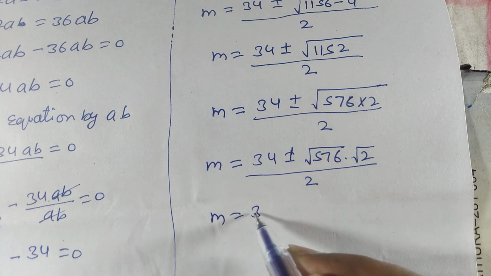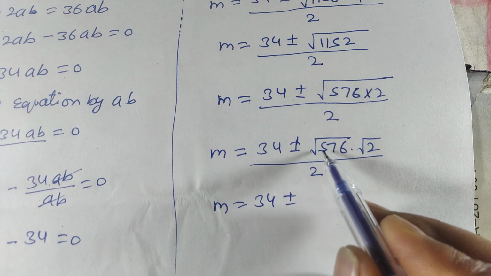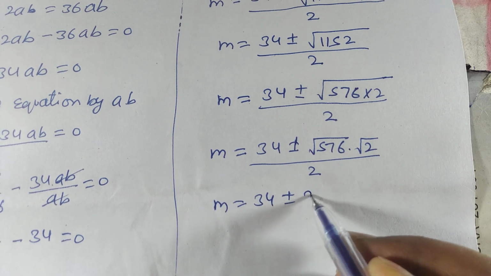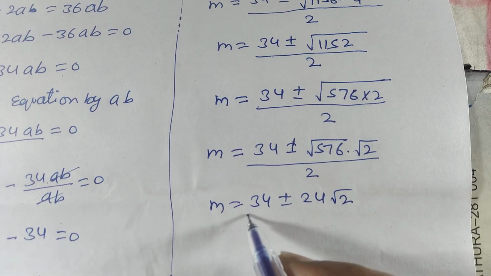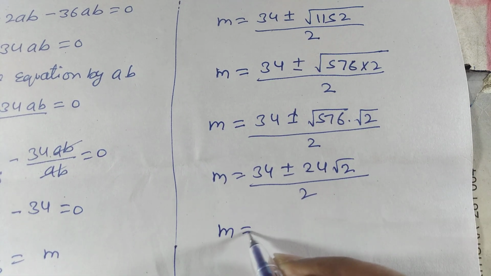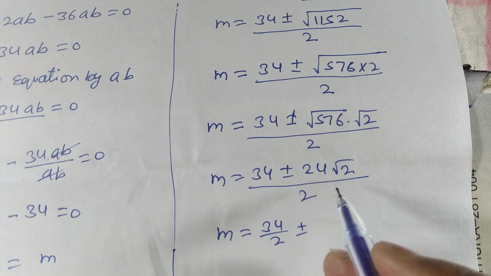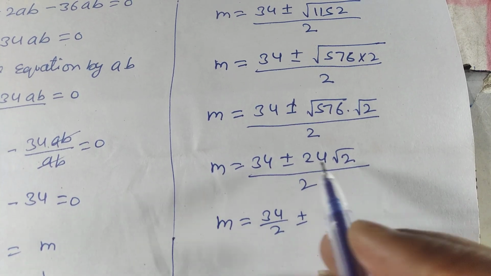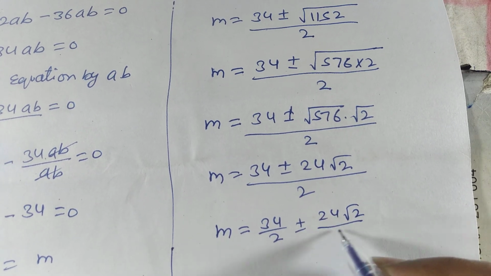Square root of 576 is 24, and square root of 2, over 2. Writing separately, 34 by 2 plus or minus 24 square root of 2 over 2.